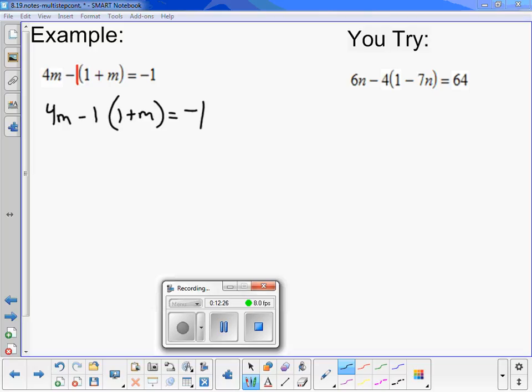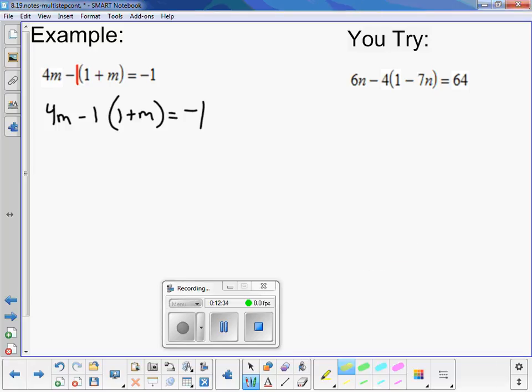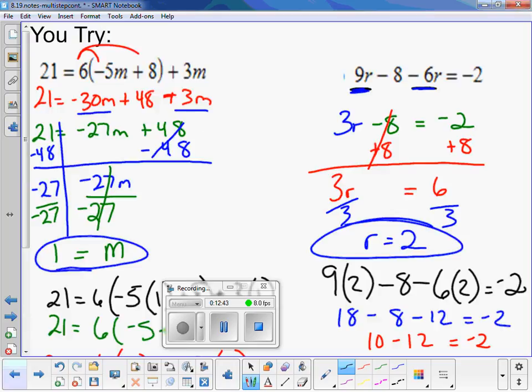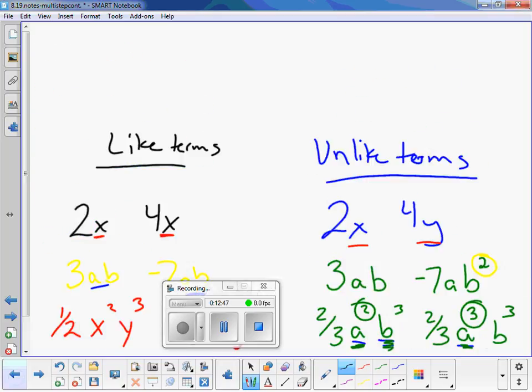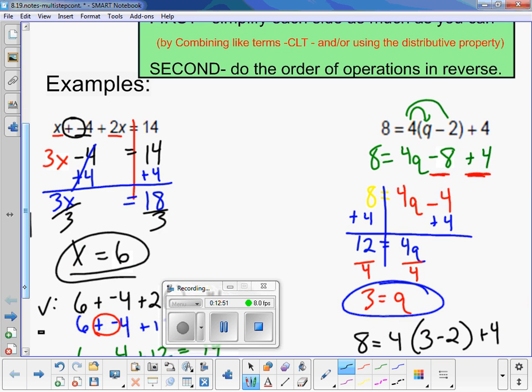Okay, so now that we have realized that, what you must focus on is that when you go to use the distributive property, you're not just distributing 1, you're distributing a negative 1. Okay, not just a 1, but a negative 1. In the previous problems that we did, when we distributed, it was a positive number we were distributing, so we didn't stress over the signs.